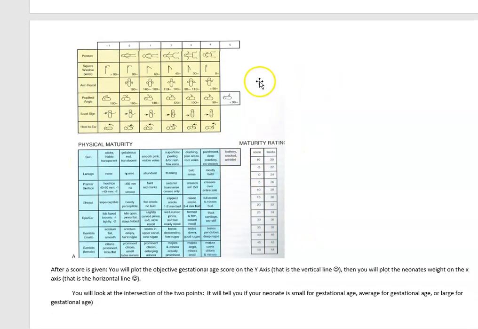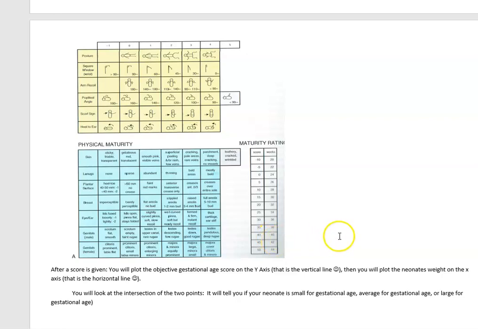So let's say we got 20 on the top portion, and we got 20 on the bottom portion. That would be a total of 40. And you can see over here the score says 40, and that would mean that the baby was approximately 40 weeks gestational age.